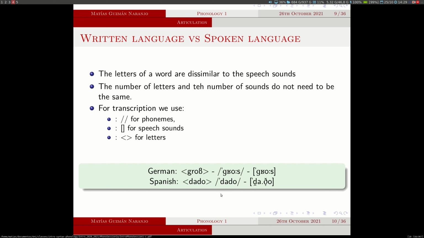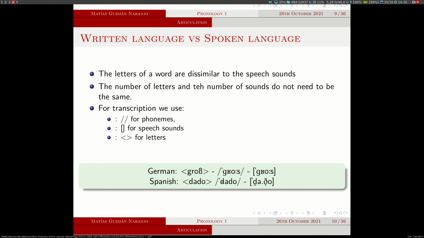For Spanish, you have quite a different representation between the phonemes of this word, which means a die, like the ones you used to play with, and its phonetic realization. And the point here is that while we have one single phoneme, a D, we can realize this D in very different ways in a single word.